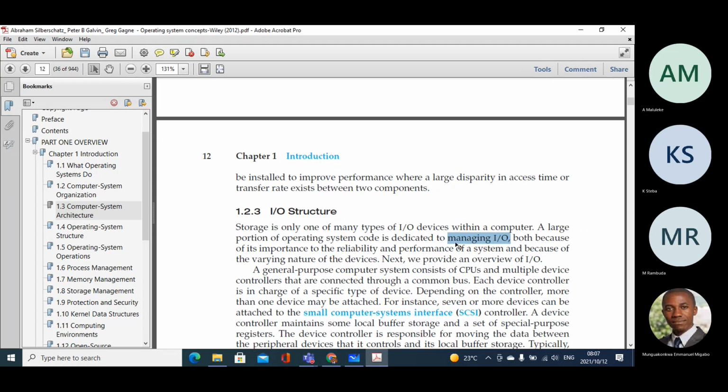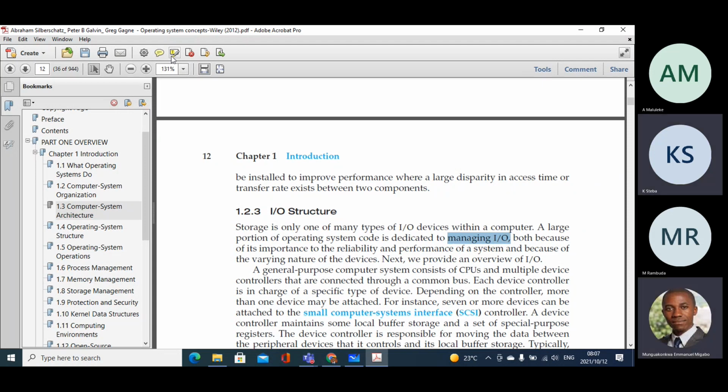Yes. Okay. This is both because of its importance to the reliability and the performance of a system, and because of the varying nature of devices. Very critical, both reasons. First of all, the importance of reliability and performance of a system. The performance of a computer system strongly depends on the input and output.